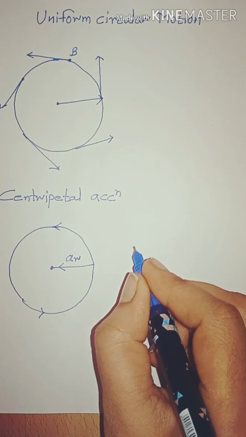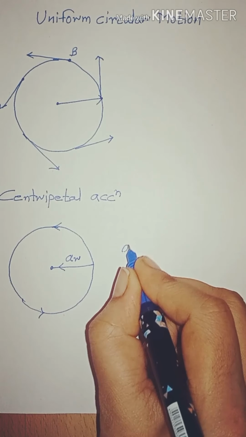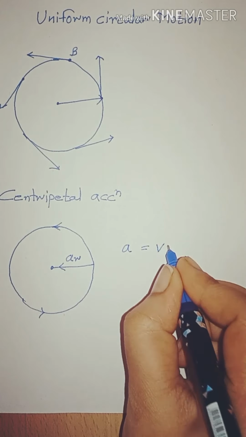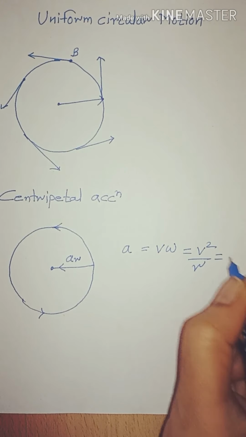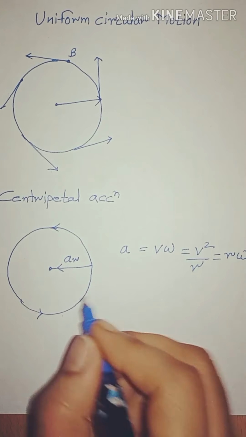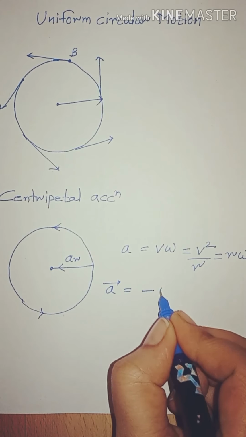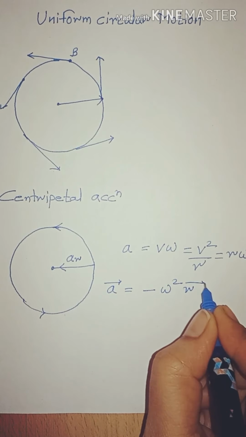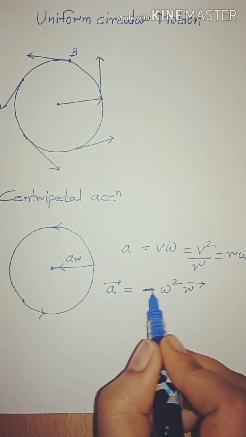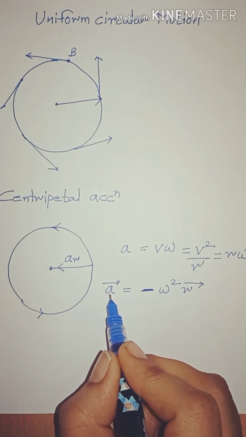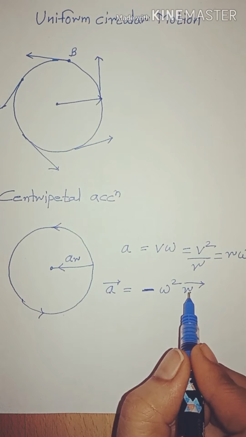We have studied the equations for centripetal acceleration in the previous standard: a is equal to v omega, a is equal to v square upon r, a is equal to r omega square. In vector notation, vector a is equal to minus omega square r. The minus sign indicates that the direction of acceleration and the radius vector are opposite to each other.